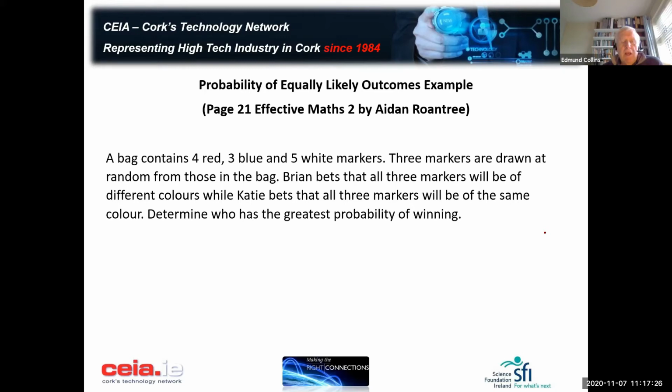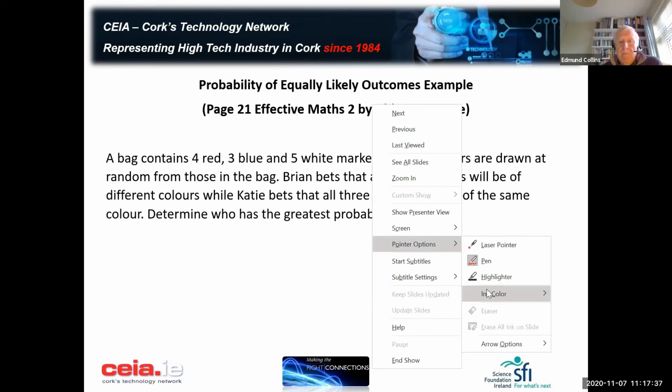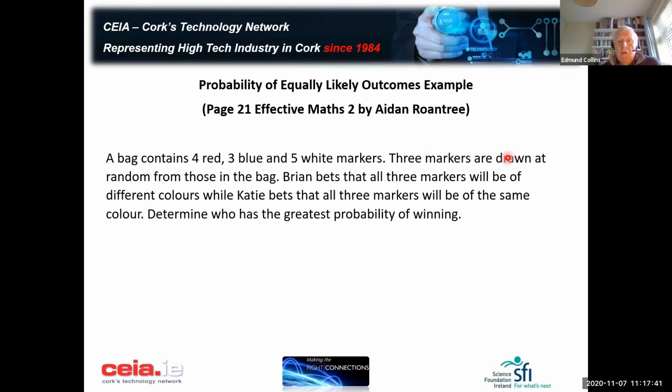A bag contains 4 red, 3 blue, and 5 white markers. So 3 markers are to be drawn at random from those in the bag.